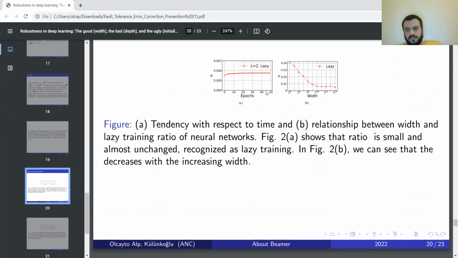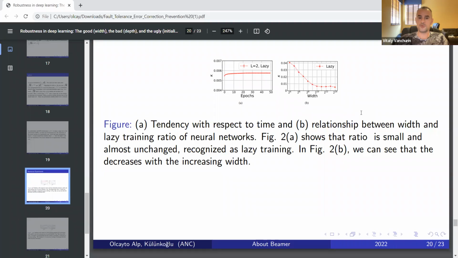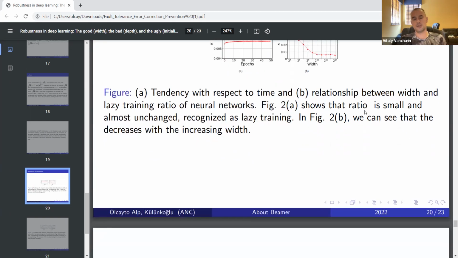Yes. Okay. Well, then this result is already about training. What happens with the state of the network once you have trained? Okay, that's interesting.